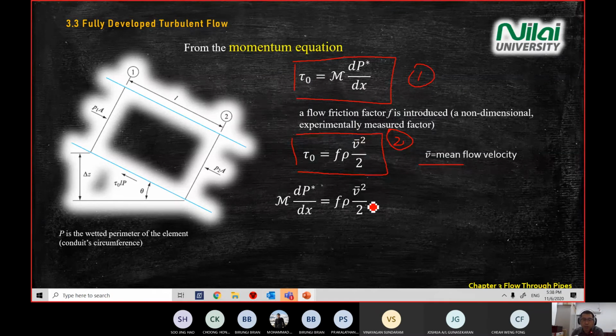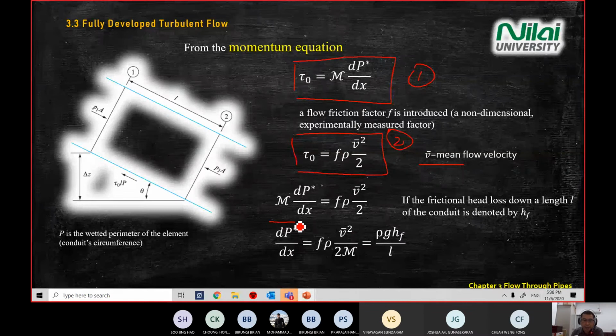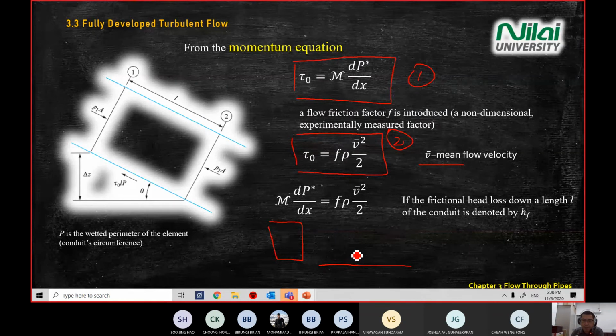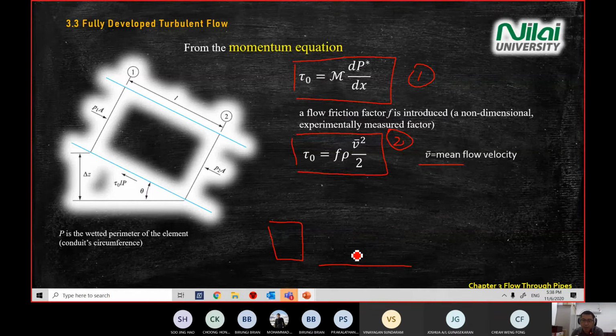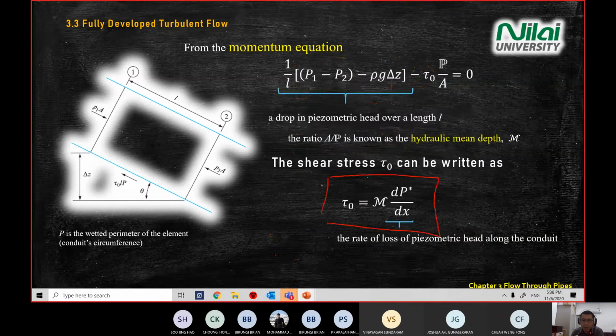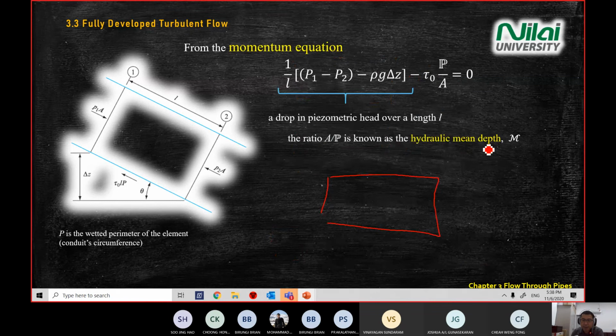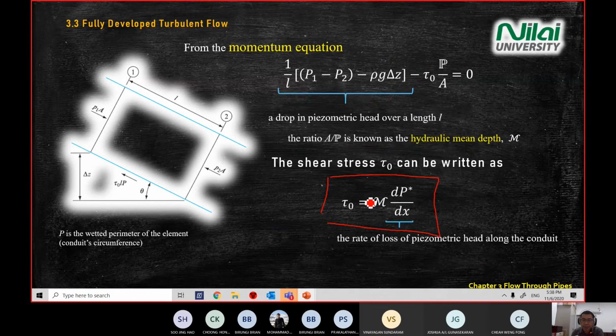So equate these two, you'll get this one equals what, right? So this term is in the average velocity. This one is in the... our M is our hydraulic mean depth, A divided by P.